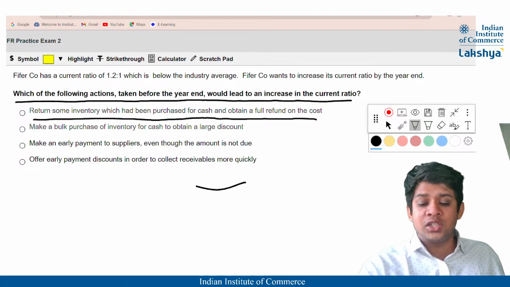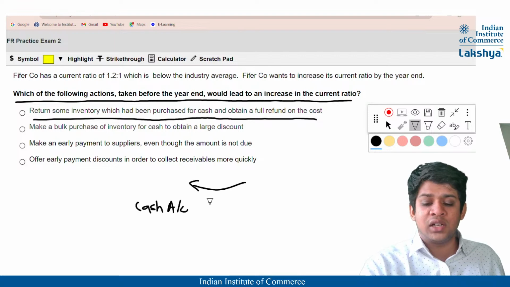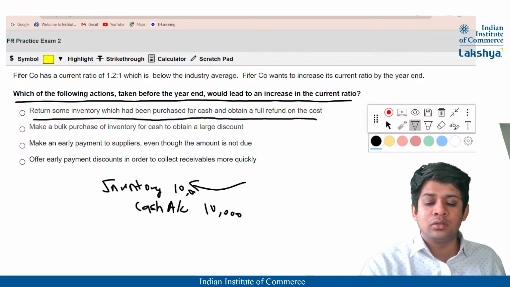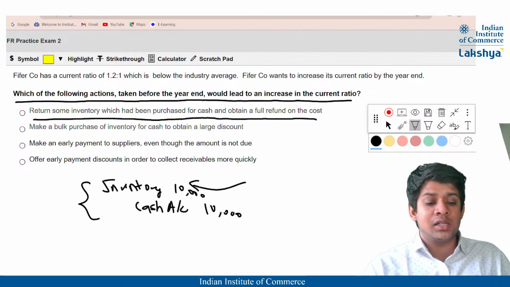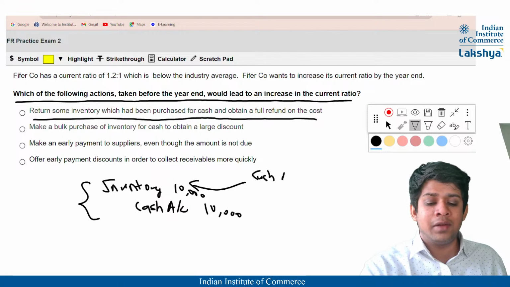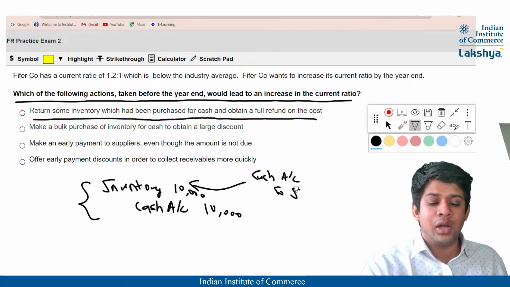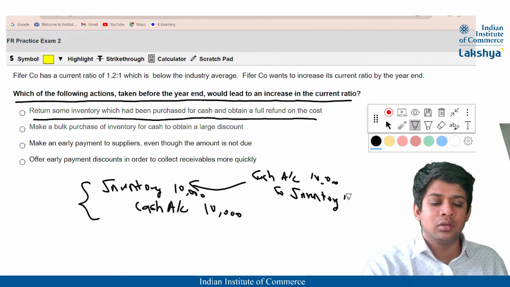Because if you're purchasing, cash is going out, I agree. Maybe you purchase for 10,000. Cash is going out, but inventory is coming in of 10,000. That means current assets are there, just adjusted. And if I'm taking the cash back, the cash account will be debited and inventory going out, the same 10,000.